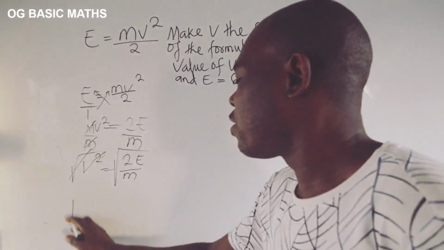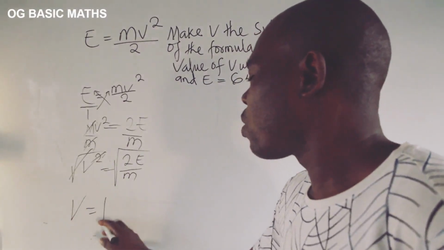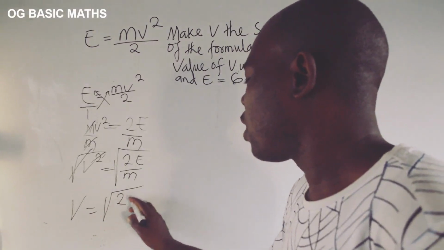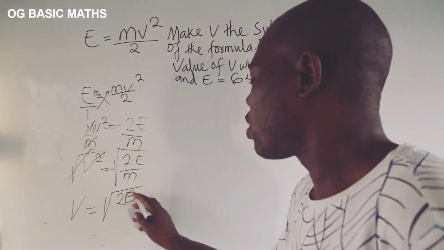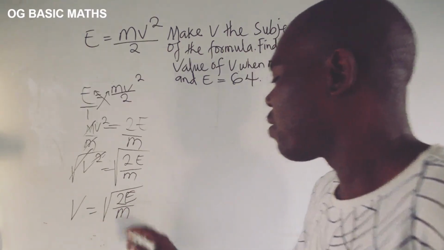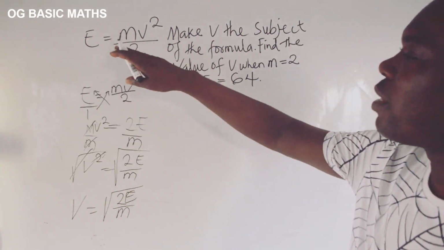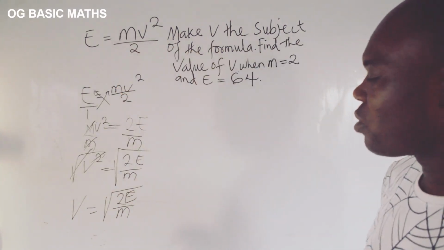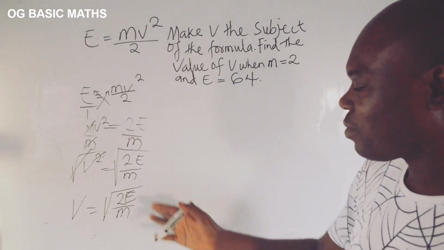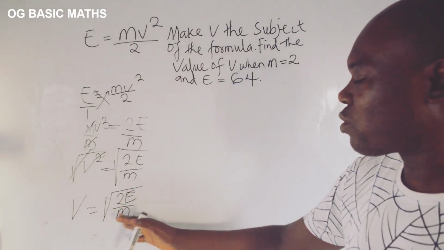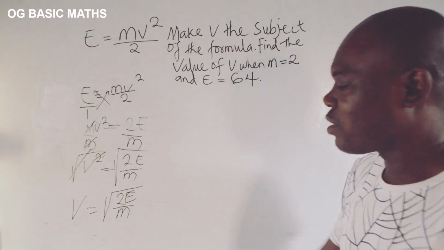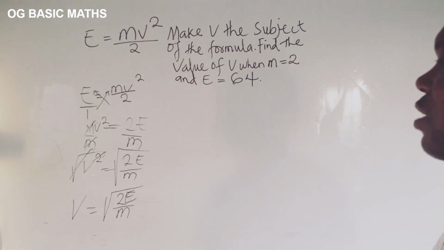So V now equals the square root of 2E all over M. So we have expressed V in terms of M, E, and 2. That's the subject of the formula. Now V is standing as the subject.